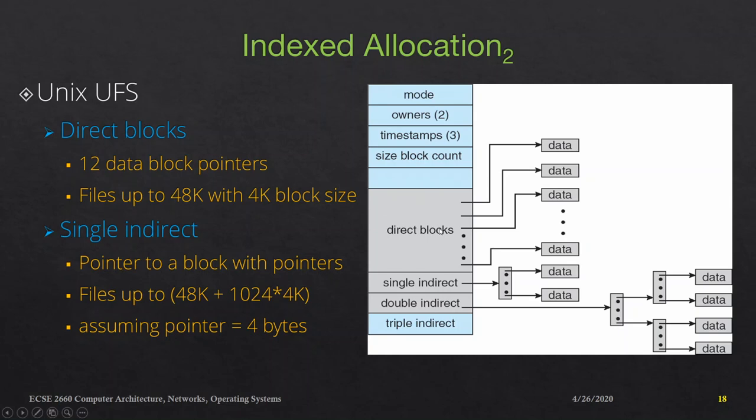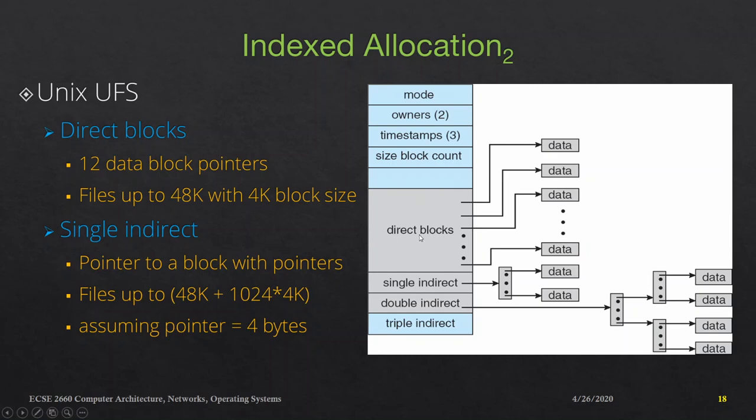If the file is small enough to fit in those 12 data blocks, then we are done. All we have to do is look at those pointers and access those 12 blocks. So files up to a size of 48K, if we assume a 4 kilobyte block size, can fit using just the direct blocks, which are going to be cached, so they can be accessed very quickly.